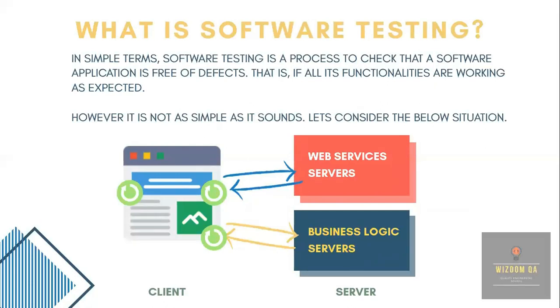So it is highly desirable that these modules or these sections can run on their own. So that's why we need to test them separately. That's a part of system testing.